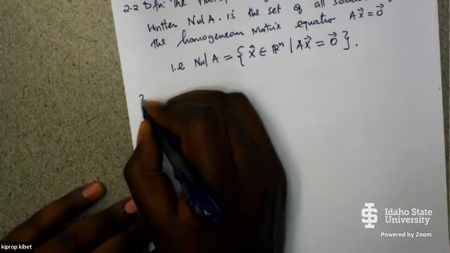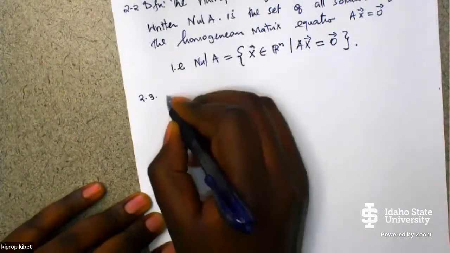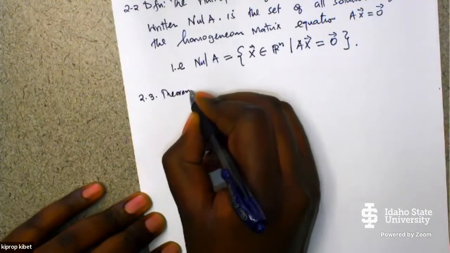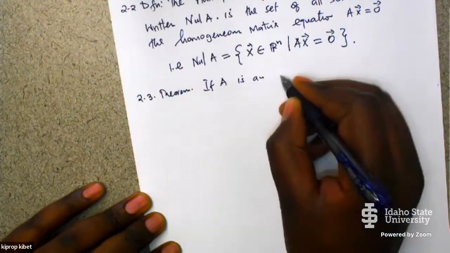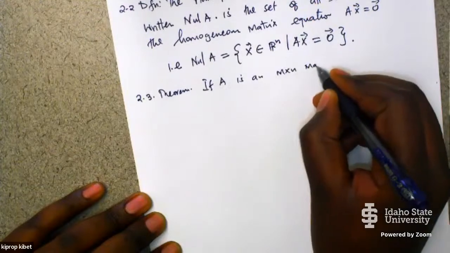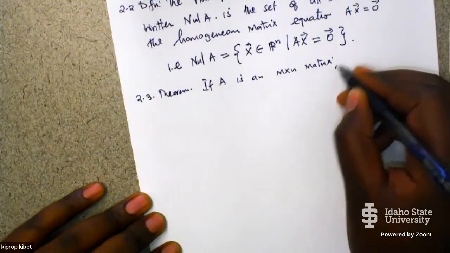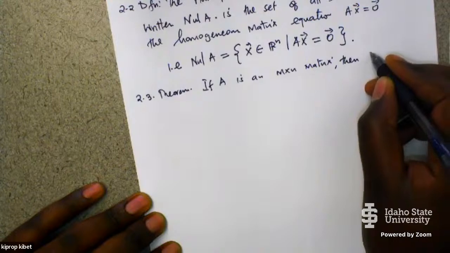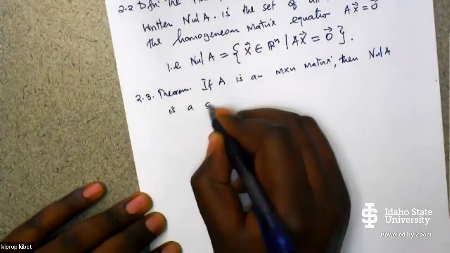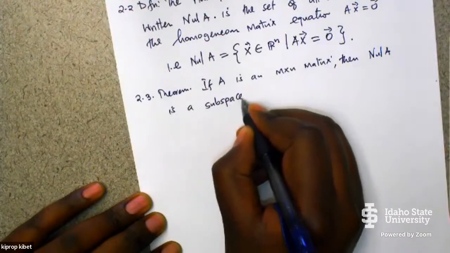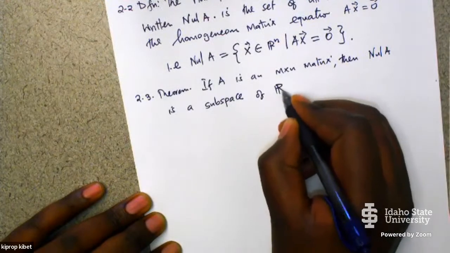So let's look at the theorem here. If A is an M by N matrix, then the null space of A is a subspace of Rn.